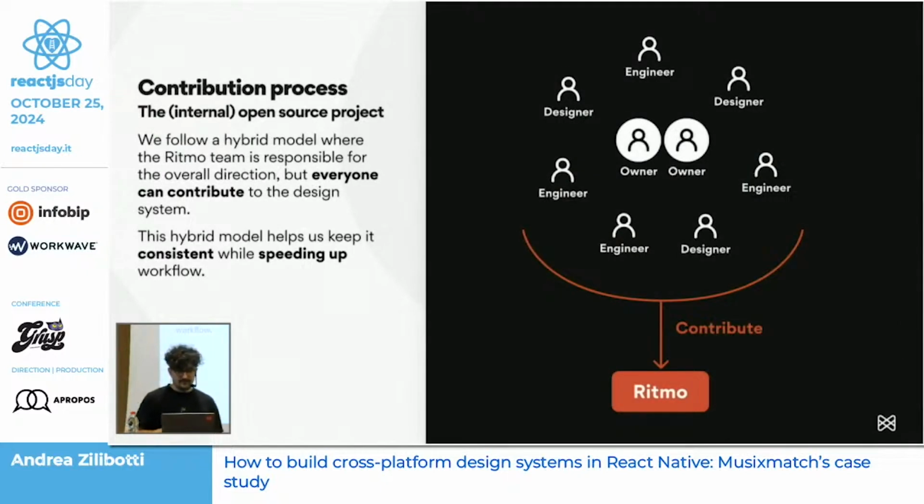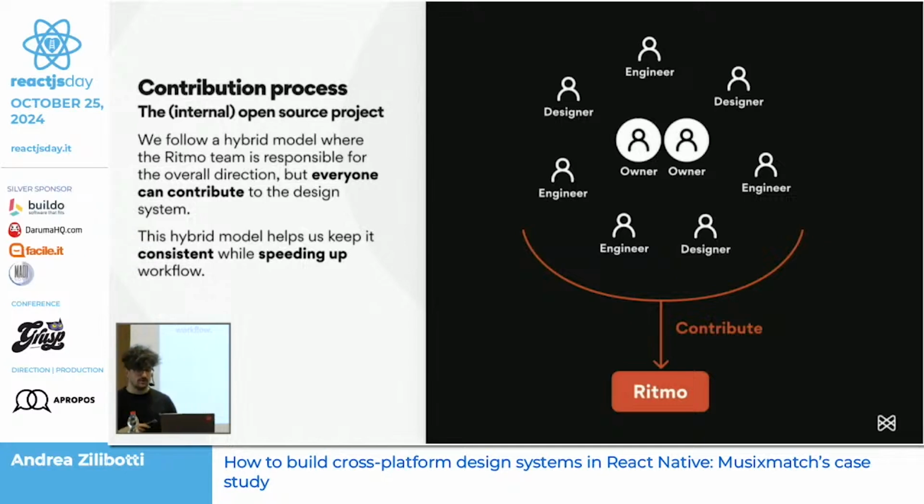And this is probably the most important slide, and it's the final one, which is how our contribution process works. Essentially, you can imagine Ritmo as an internal open source project. So at the center, we have the owners, which can be both designers and developers, who have the responsibility to guide the project and lead the direction.